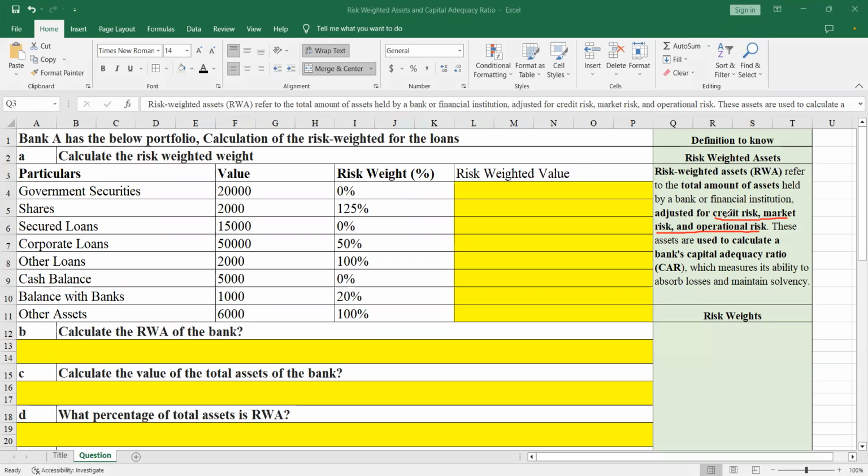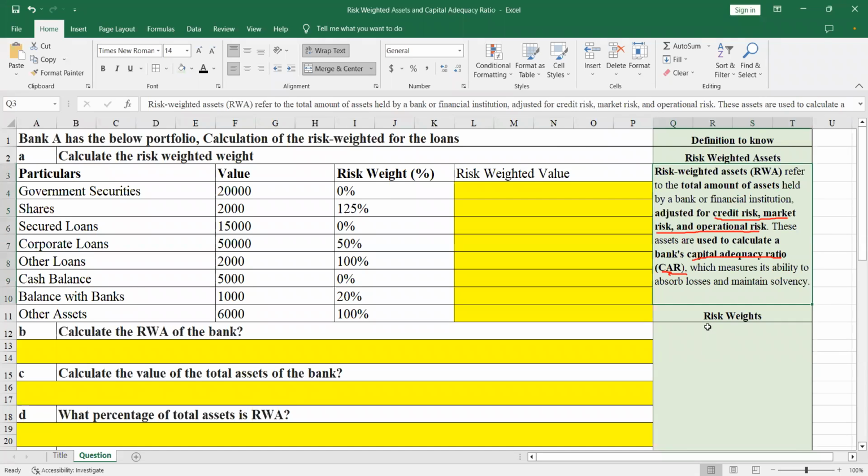Essentially, an asset's value depends on the risk. And this risk weight is used to find the capital adequacy ratio, not the total assets, but the risk-weighted assets.